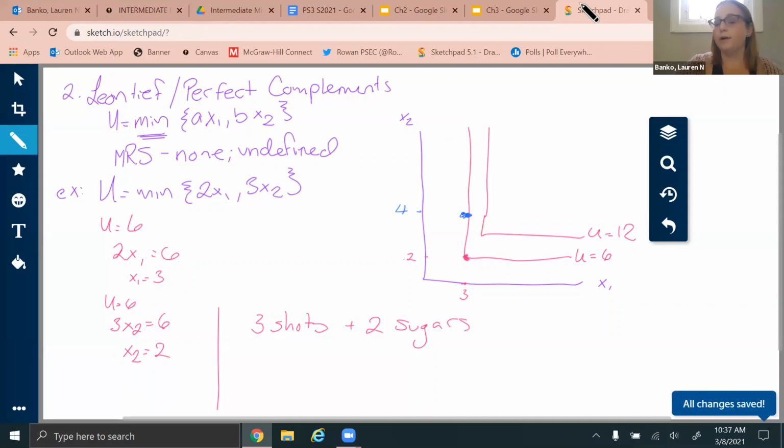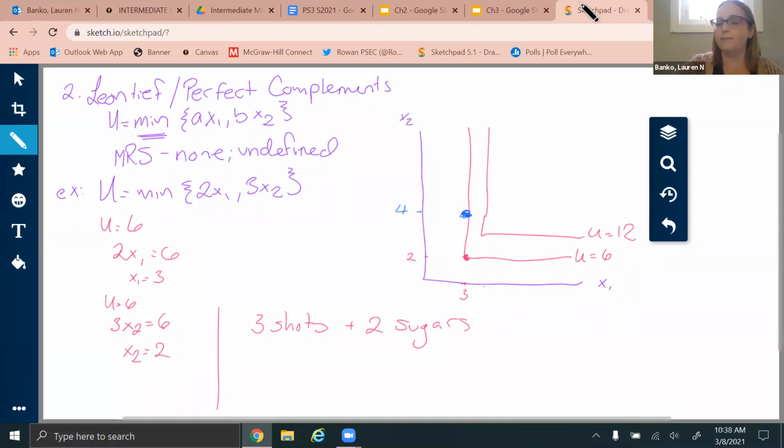Having more of one good doesn't make me happier. I want the fixed proportion, 3 and 2. So that extra sugar doesn't make me happier without more espresso. If I got more espresso and had these more sugars, I would be happier.